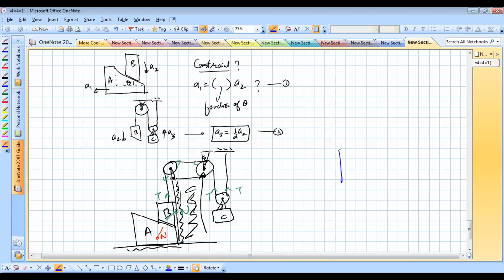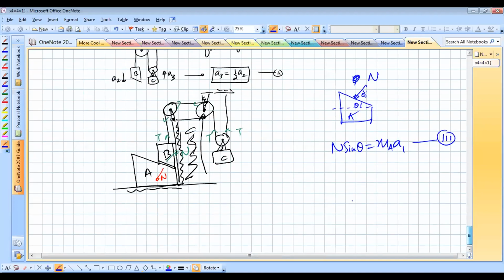So if you come to A's free body diagram, this normal contact force like this. So N sine theta will be mass of A into acceleration A1. That's the third equation we get.